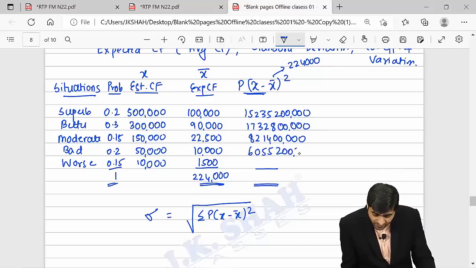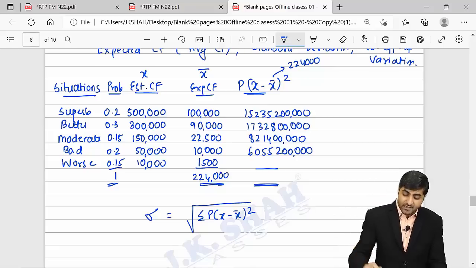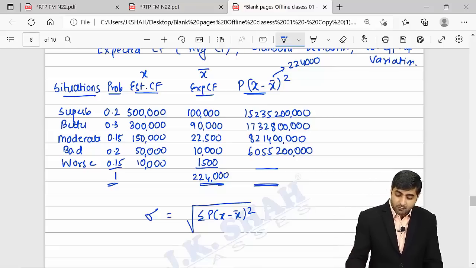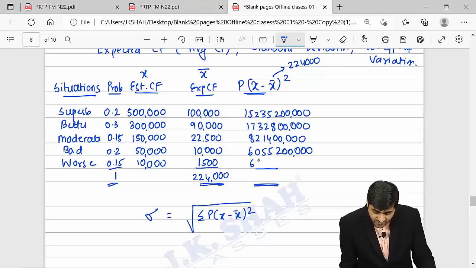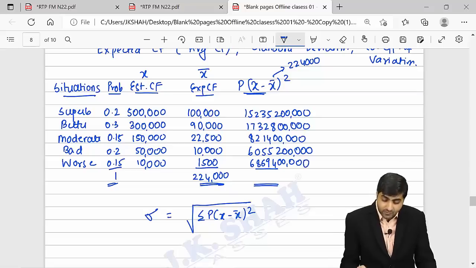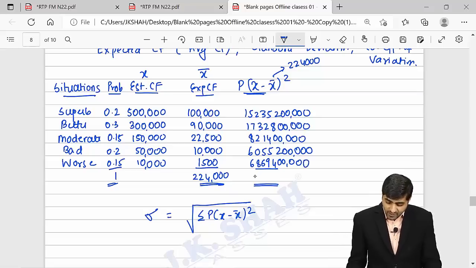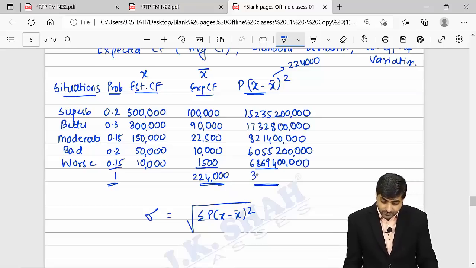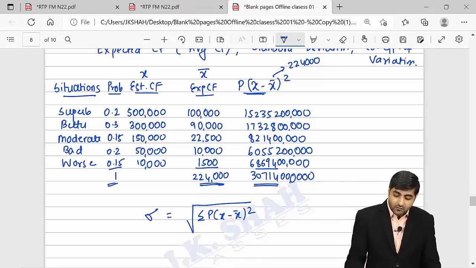You will be getting 60,552.5 times 0, and then the last one is 10,000 minus 2,24,000, square it up and multiply that by 0.15. So this will be 68,694.5 times 0, and then whatever total you have got, we have to take the root of it.